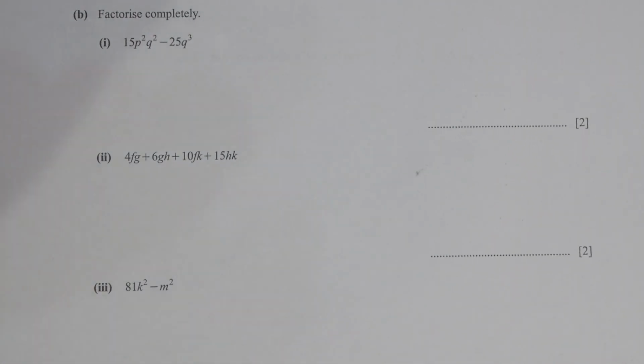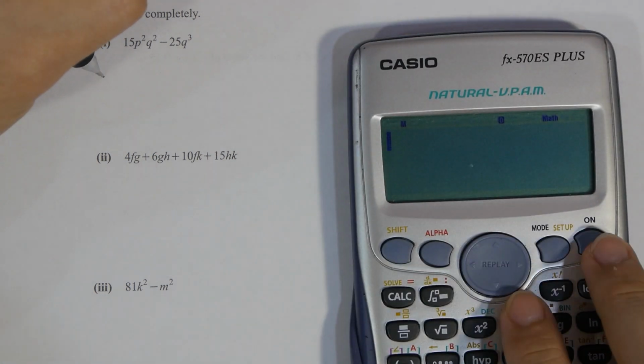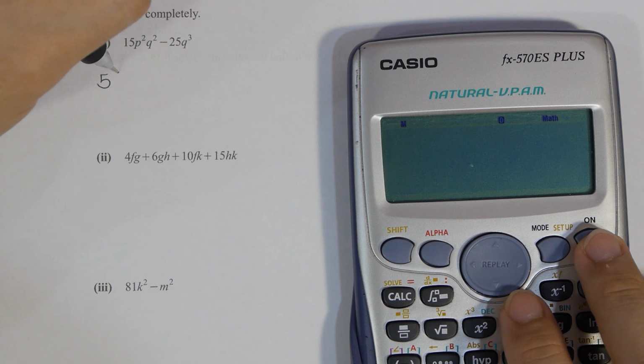For part B, I extracted 5 and q squared from both of the terms. Hence, the balance will be 3p squared - 5q.